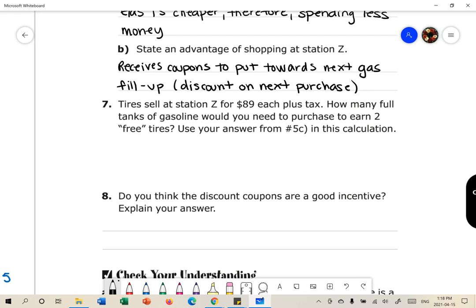Tires sell at station Z for $89 each plus tax. How many full tanks of gasoline would you need to purchase to earn 2 free tires? Use your answer from 5C in your calculation. First, we need to calculate the cost of 2 tires.